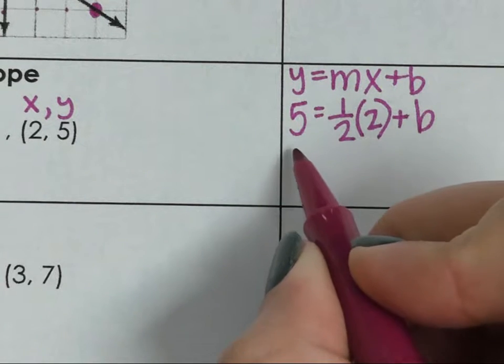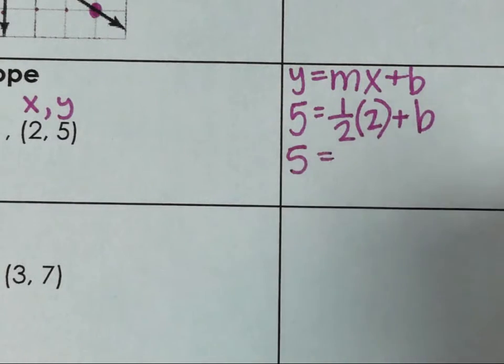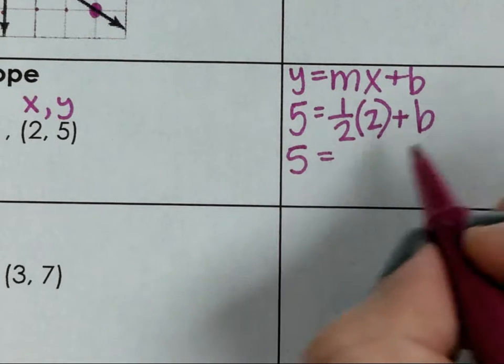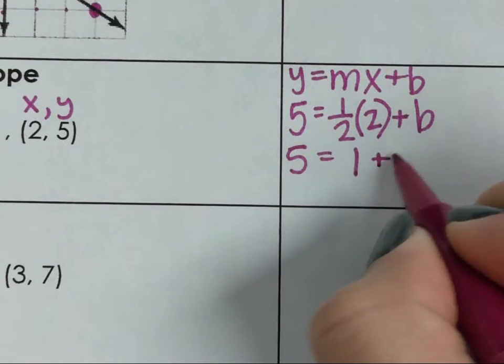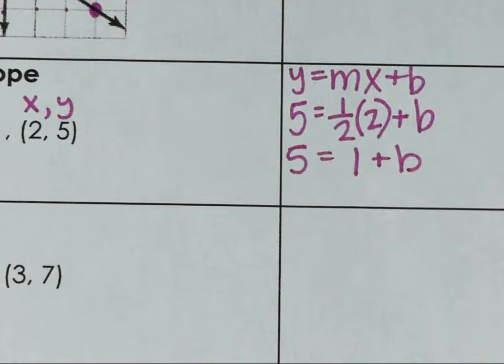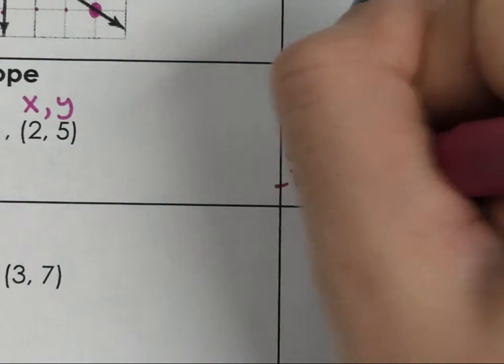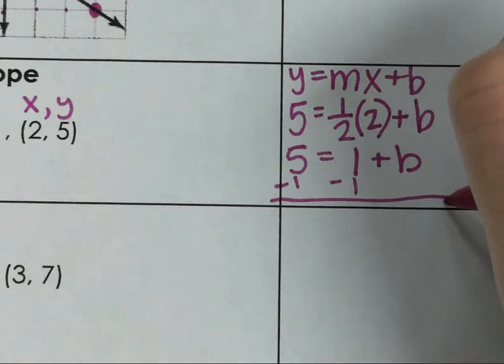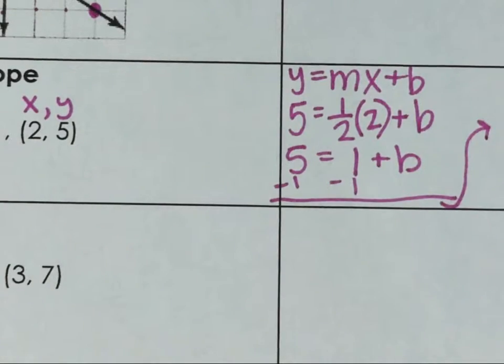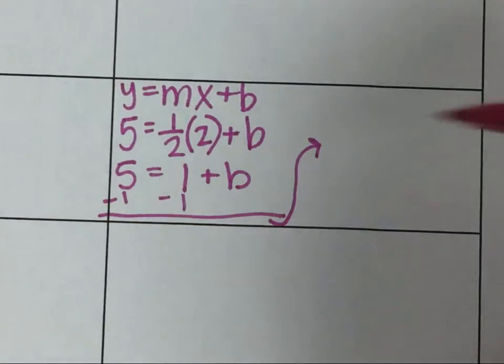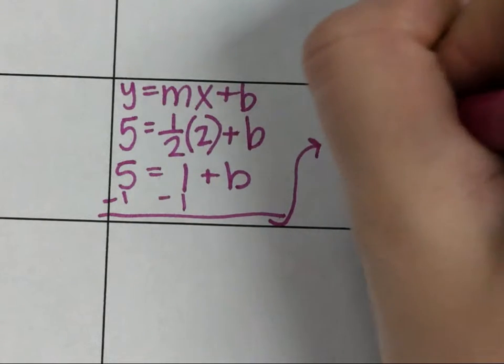So let's do that multiplication. What is 1/2 times 2? 1. So that gives me 5 equals 1 plus b. Now I can solve for b, right? So how do I solve for b? Good. Subtract 1 from both sides. So I'm going to write it up here. That tells me that, what is b? 4. 4 equals b.